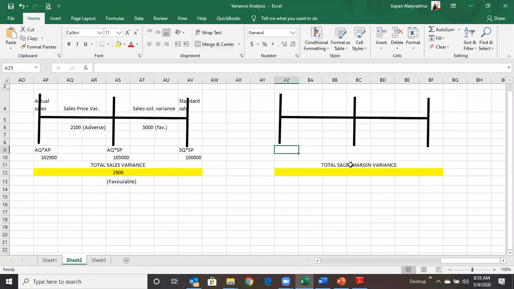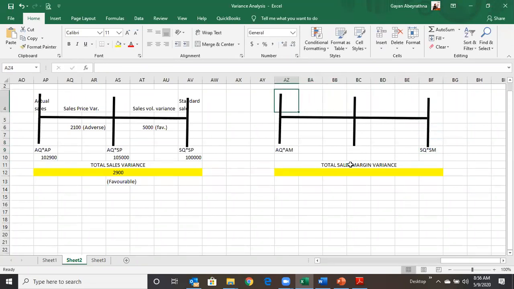Total sales margin variance equals actual quantity into actual margin, minus standard quantity into standard margin.